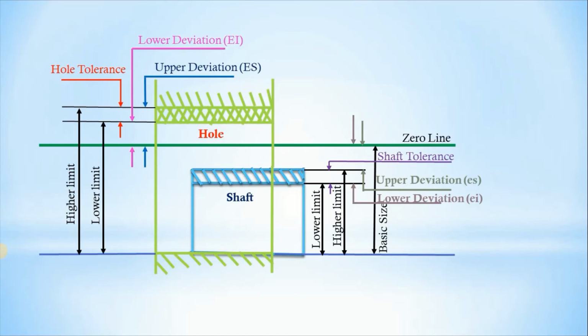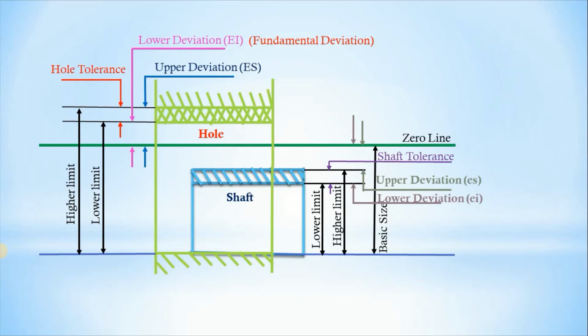Among these two deviations, either upper or lower, the one which is near to the zero line will be the fundamental deviation. For the hole, the lower deviation is near to the zero line, so that will be the fundamental deviation.